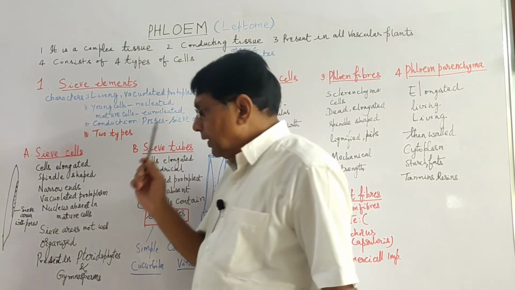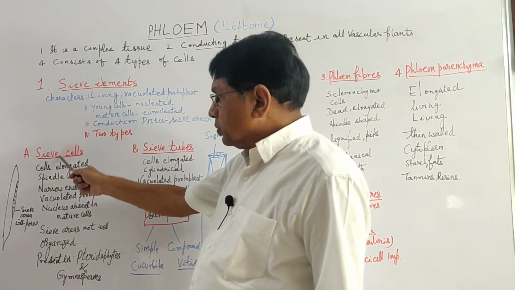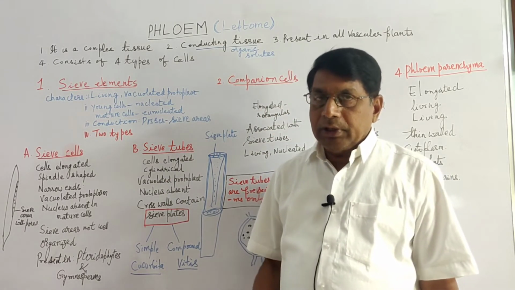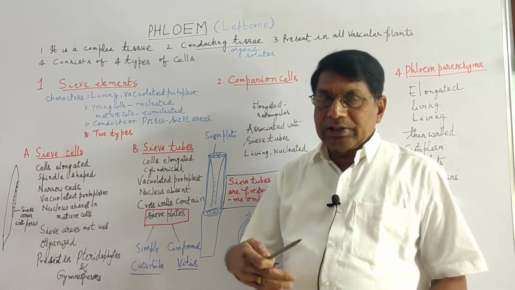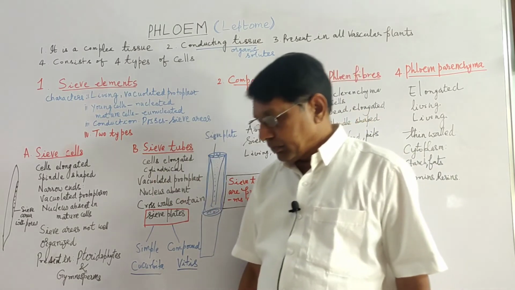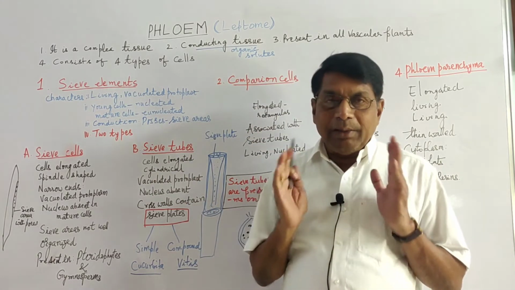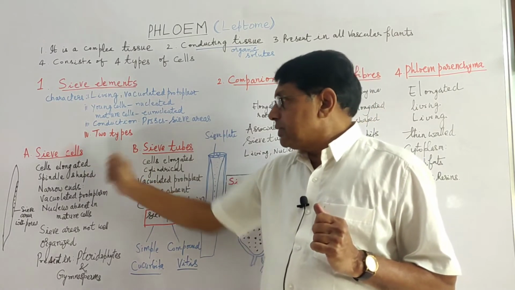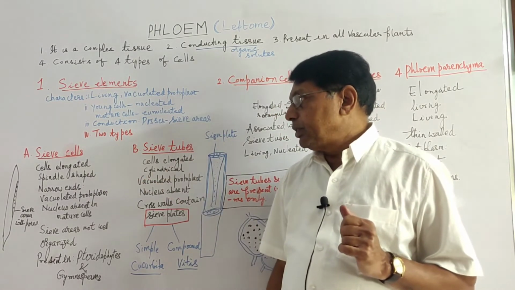The sieve elements are of 2 types, sieve cells and sieve tubes. With that we can understand that these are cells, and these are tube-like structures.